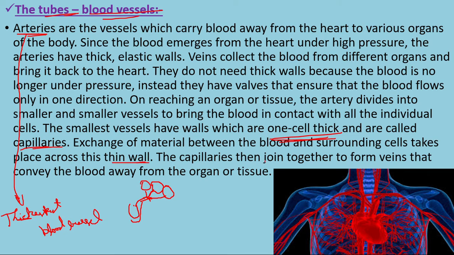The capillaries then join together to form the veins, which convey the blood away from the organ or tissue. So what are veins? Veins are the blood vessels which carry deoxygenated blood to the heart from the cells. So now let's go to the next slide.